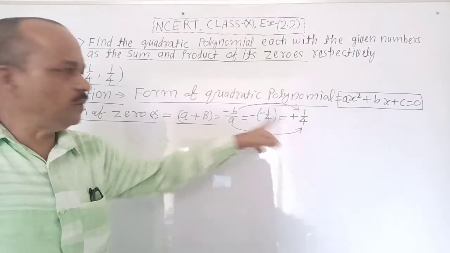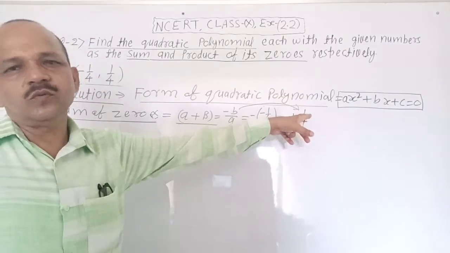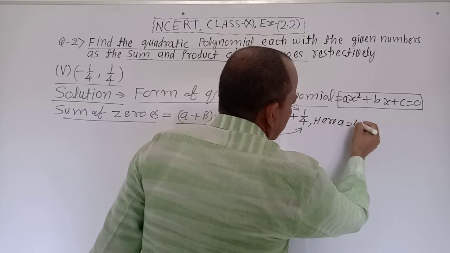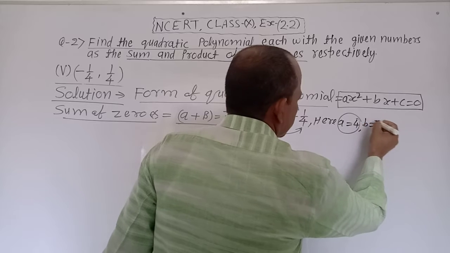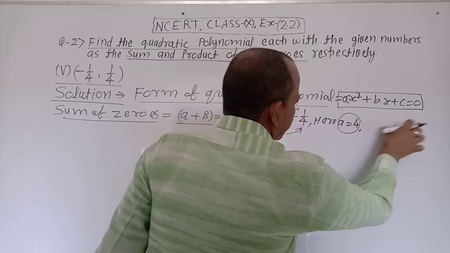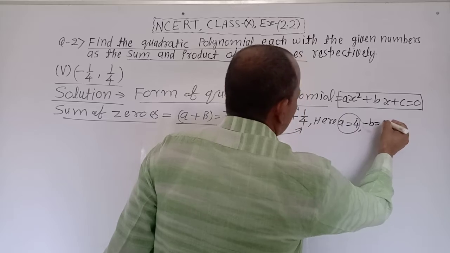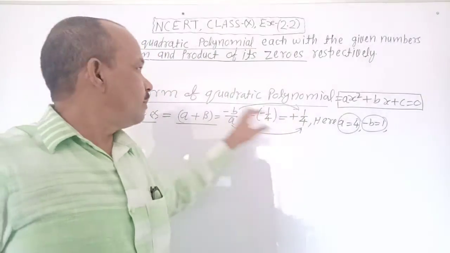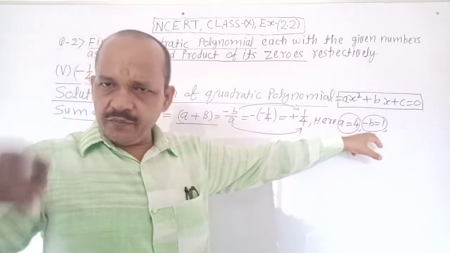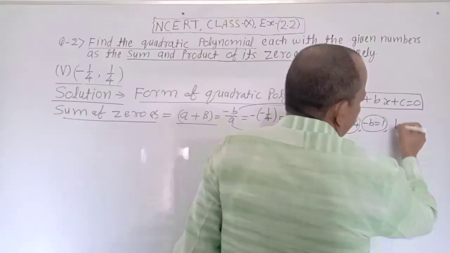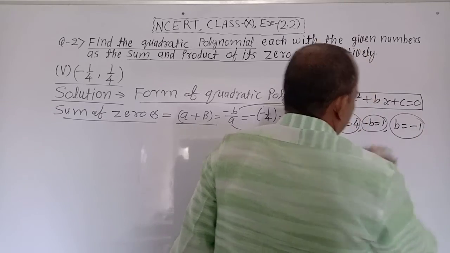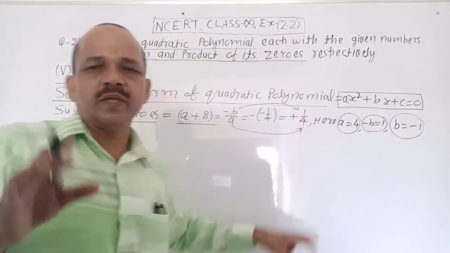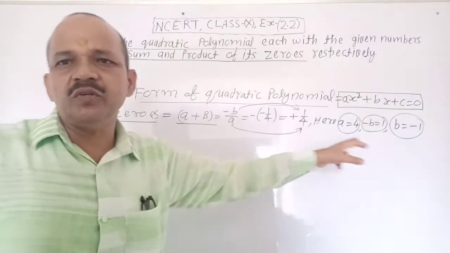Here a equal to 4, minus b equal to 1. It means b equal to minus 1. You find a equal to 4 and b equal to minus 1. It is clear? No confusion about it? Very good.